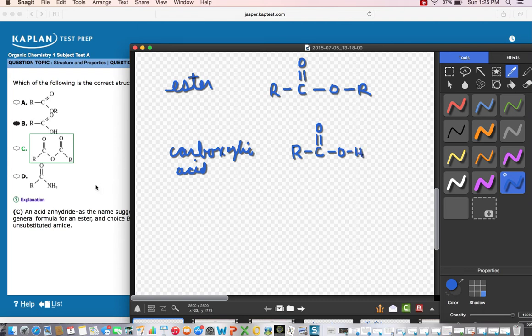Of course, we've already decided that C is the acid anhydride. D is an amide. So I have an R, C double bond O, and then a C-N single bond. It could be NH2, NHR, NR2. All of those would be consistent with an amide.